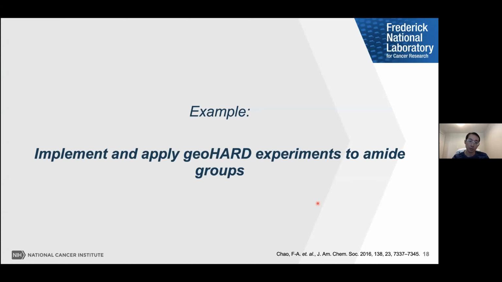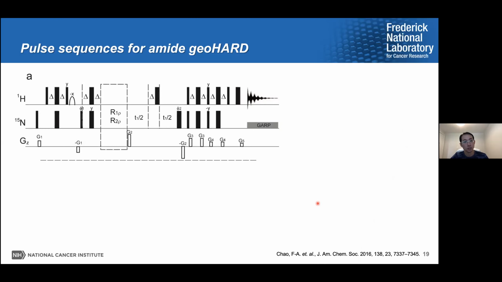So let's start with one of the examples we published in JACS 2016. We try to implement this new technique to the amide group and show you some demonstration. This is a pulse sequence we basically get from the original pulse sequence proposed by two research groups at the University of Minnesota.